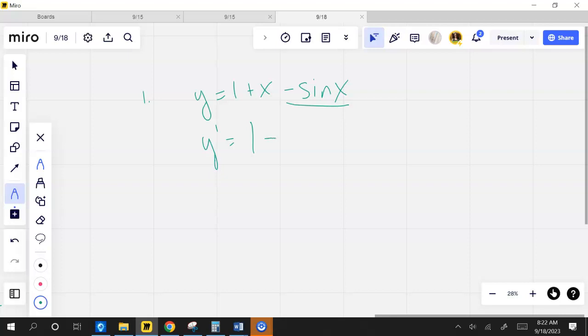Cosine x. So it's just minus cosine x. Oh, sorry. So that would be plus sine x.